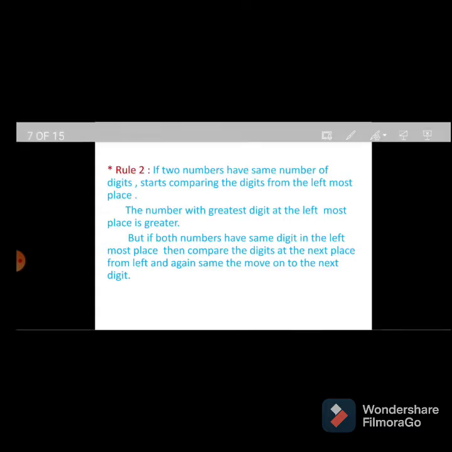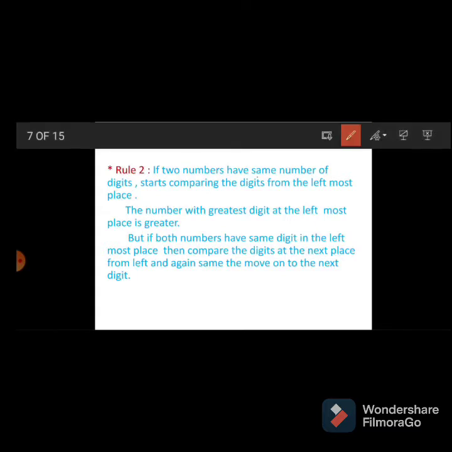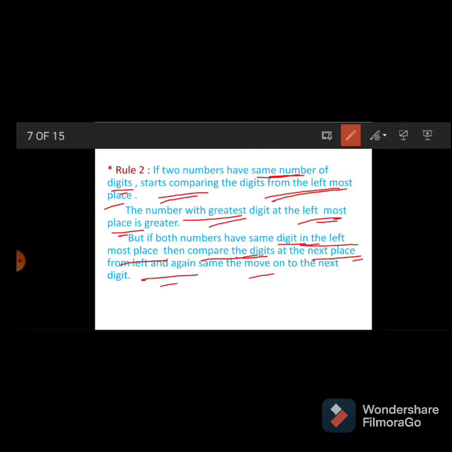See the second rule: if two numbers have the same number of digits, start comparing the digits from the leftmost place. The number with the greatest digit at the leftmost place is greater. But if both numbers have the same digit in the leftmost place, then compare the digit at the next place from the left, and if again the same, then move on to the next digit.